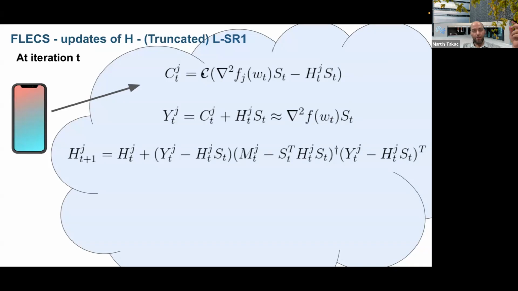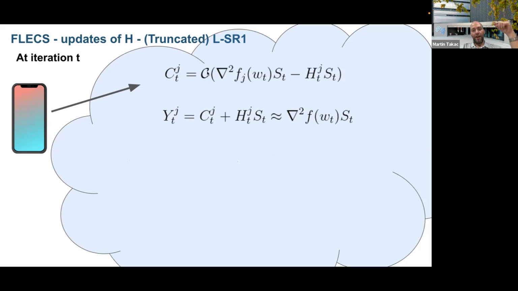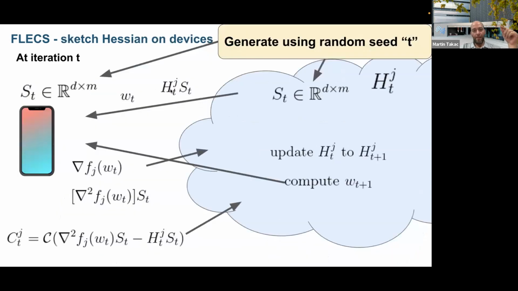Now, if you don't use any compression here, if I multiply the new estimate by the same S, you will exactly get this Y. You can make this simple test: if I multiply this one by S, I will get exactly the Y, which is just the Hessian times S. So after he updates his belief, if there's no compression, then the vector I would send to him would be identical to this one, and the difference will be just 0.